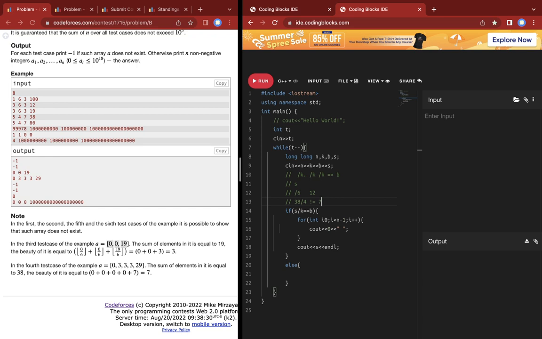What is this? 19 divided by 2 is something. So now, what do we do here?